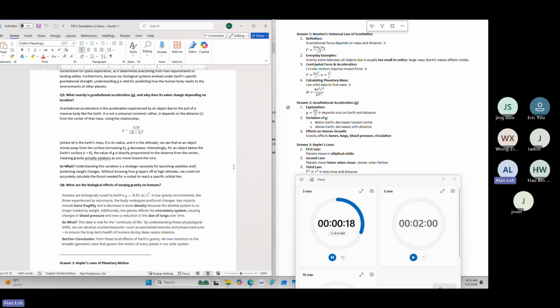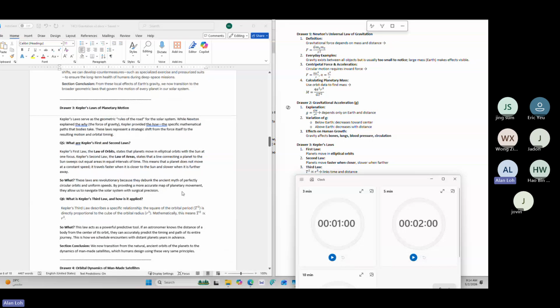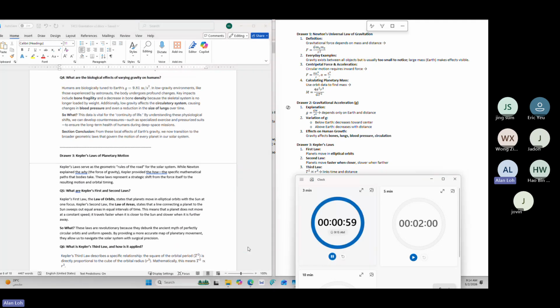All right, time's up. Now, let's go to drawer 3. And by now, your drawer 1 and drawer 2 should be at the level of 4. So let's do 1 minute for question 5. Let's start now.